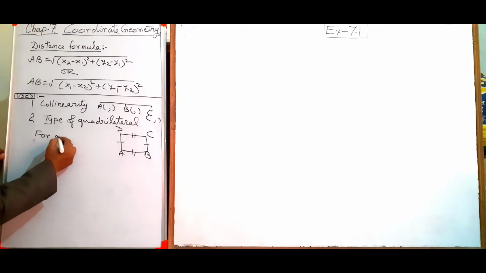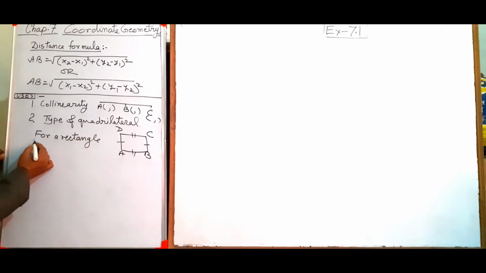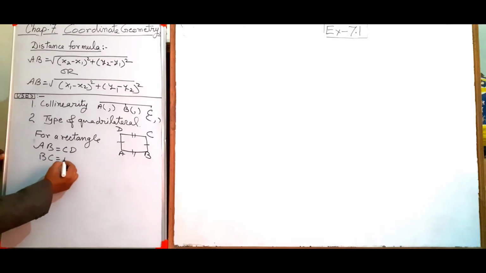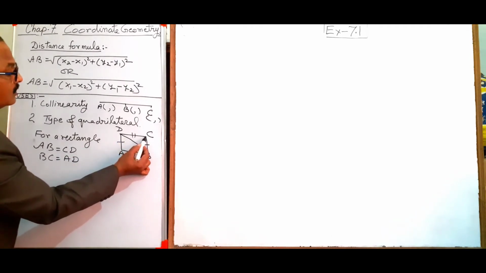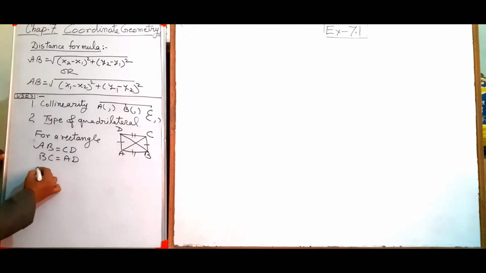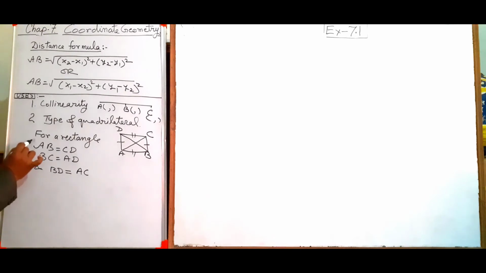You can prove AB is equal to CD, BC is equal to AD, and the diagonals BD and AC should also be equal. So if these 3 conditions are satisfied, that quadrilateral will become a rectangle.